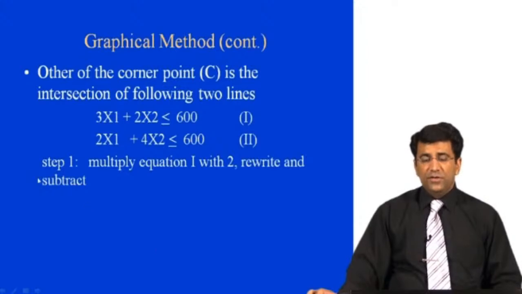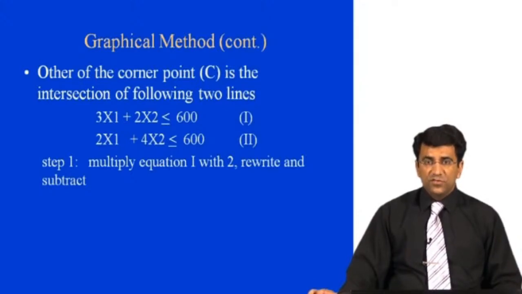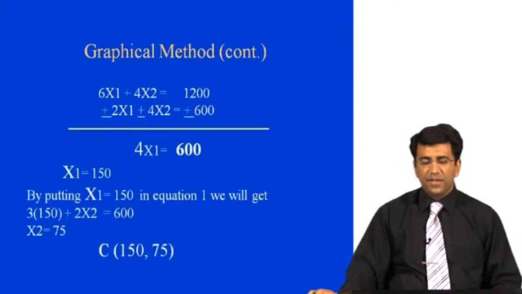In the same fashion, we will solve for the other corner point C, that is the intersection of the two lines 3x1 plus 2x2 less than or equal to 600, and 2x1 plus 4x2 less than or equal to 600. Again, we equate the coefficients of one decision variable by multiplying one equation by a particular number, or sometimes it may be required to multiply both equations.